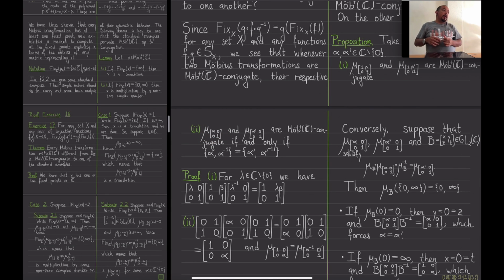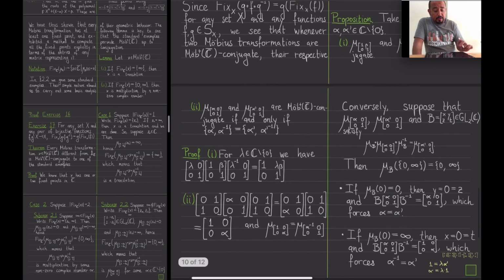In other words, if you give me multiplication by alpha and multiplication by alpha prime, and they are conjugate, then it must be the case already analyzed: either alpha is equal to alpha prime, or alpha inverse has to be equal to alpha prime. So assume that, right?